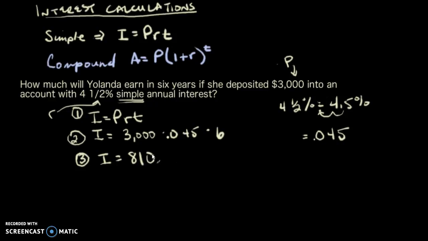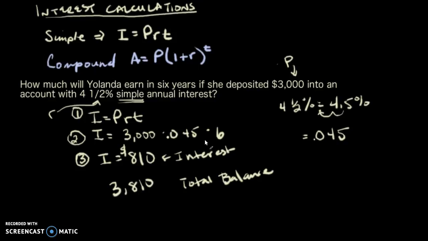810. So this is just the interest earned. So her overall account is now $3,810. So that's important to know. Interest, and the total balance would be 3,810.